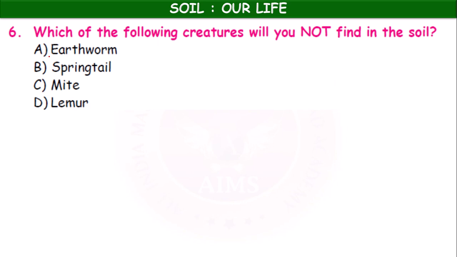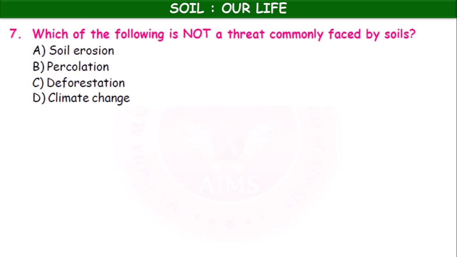Earthworm, springtail, mite, lemur. Which of the following is not a threat commonly faced by soils? Soil erosion, soil percolation, deforestation, climatic change. Percolation is usually the problem not faced.